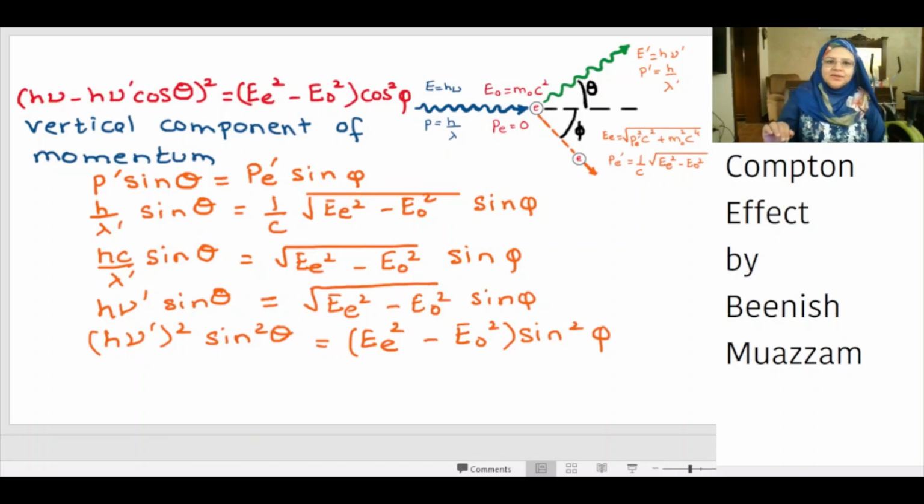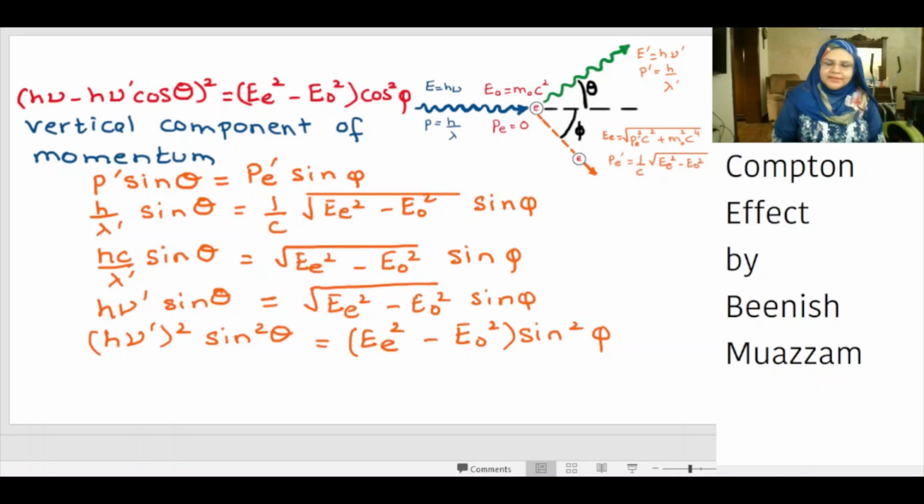Now let's consider the vertical component of momentum. The equation that we get is P prime sin theta is equal to Pe prime sin phi. P prime is the momentum of the scattered photon and Pe prime is the momentum of the electron after collision. We know P prime is equal to h over lambda prime, where h is Planck's constant and lambda prime is the wavelength after scattering.